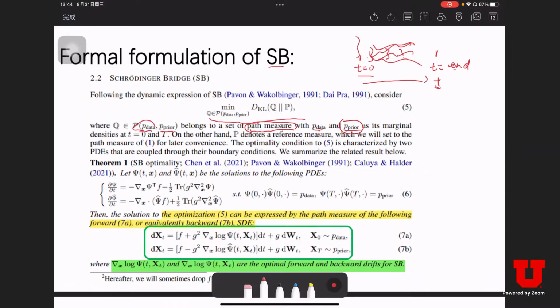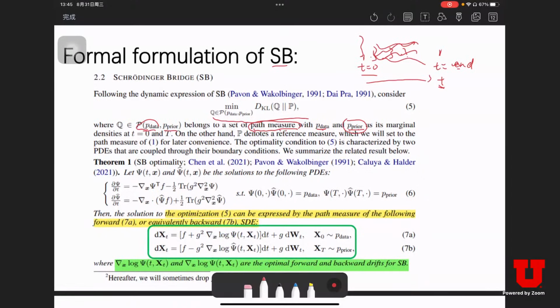If you get a little confused about what a path measure is, just let it go. You can just treat it as a family of SDEs, but SDEs with some constraints. Its start marginal distribution has to be your data distribution, and its end marginal distribution has to be your prior, your target distribution.